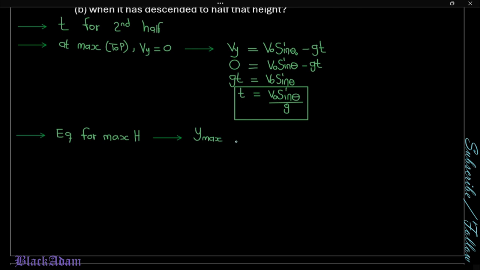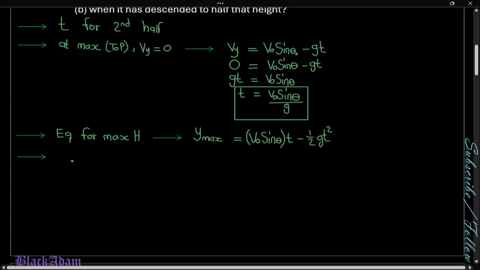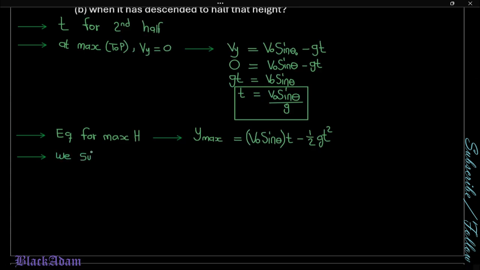We need to use y at maximum height, because now that we have the time we can find it. So y is v initial multiplied by sine theta multiplied by time, minus half gravitational acceleration multiplied by time squared. Now we substitute t into y max.